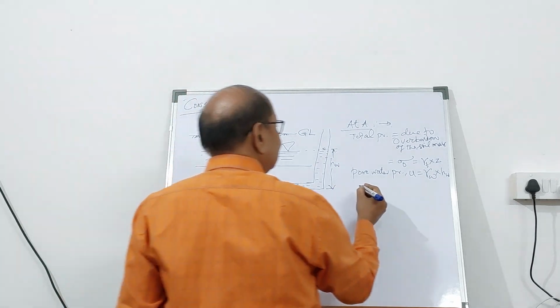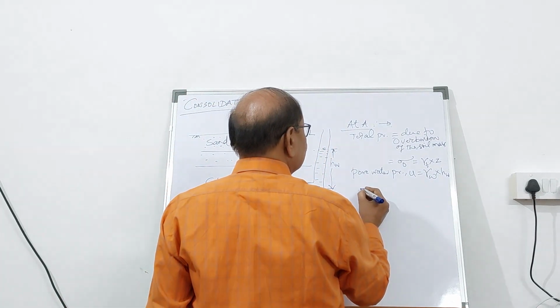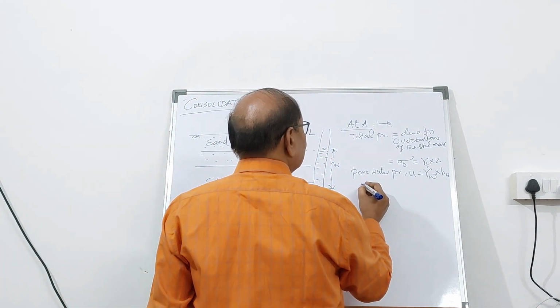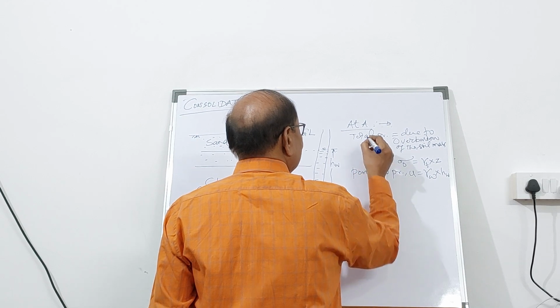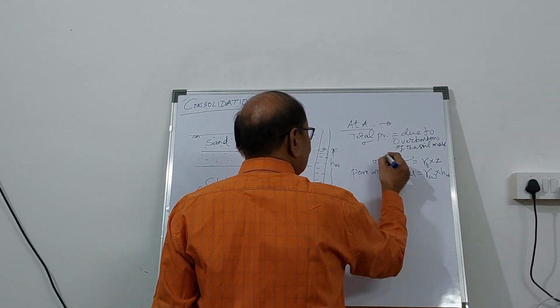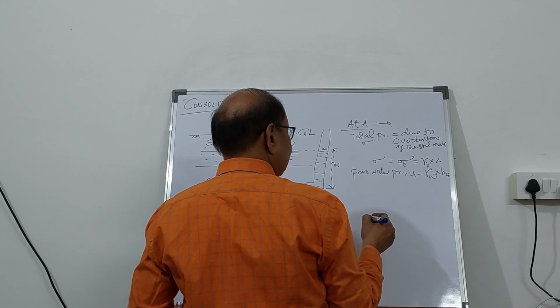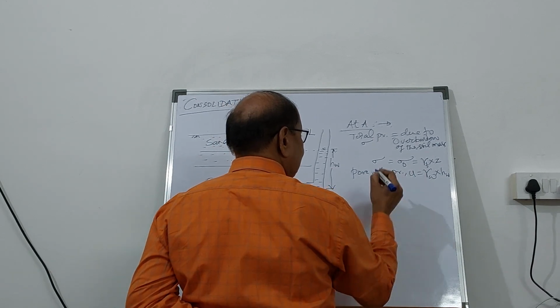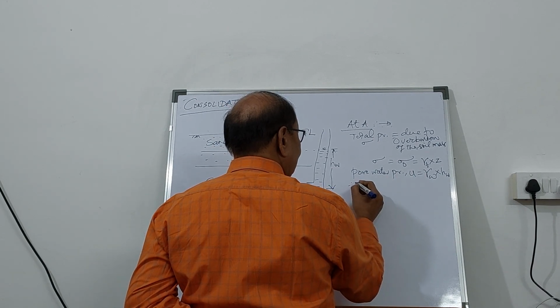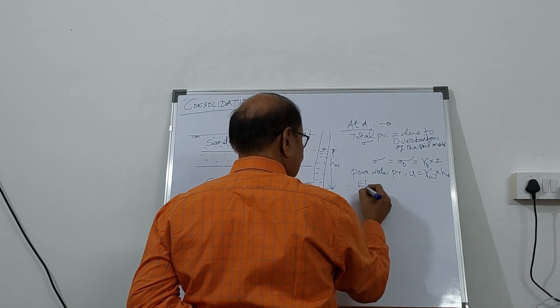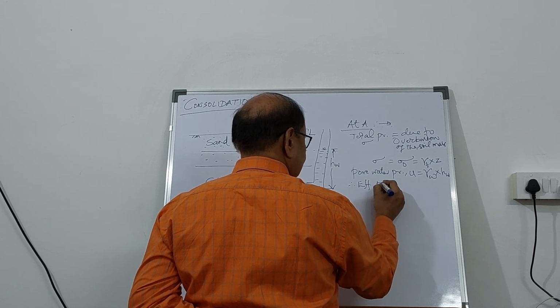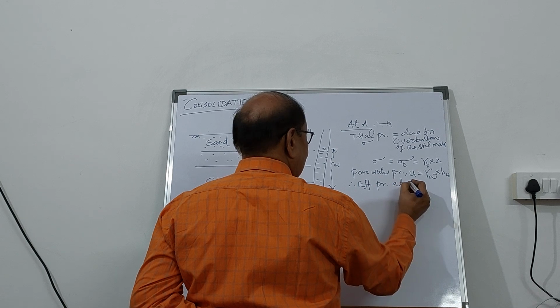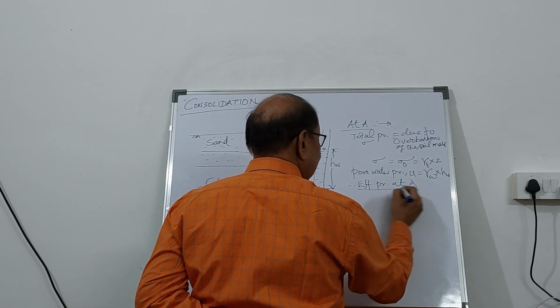Therefore, the total pressure is called sigma, due to overburden. Pore water pressure is called U. So what is the effective pressure at A? That you can find.